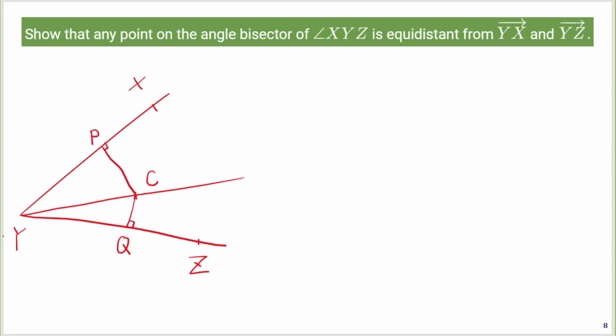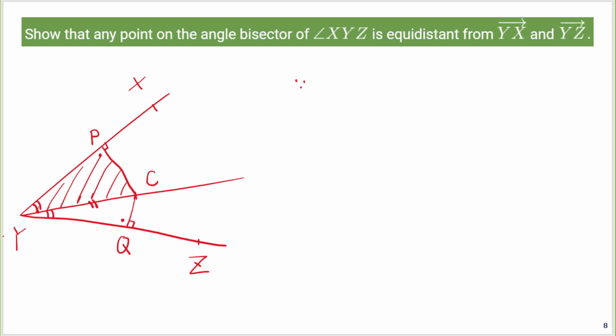Have you finished? To prove this is relatively easy, right? Because we can use triangle YPC congruent with triangle YQC because they share the same length, and you have a pair of equal angles and another pair of angles here, right?